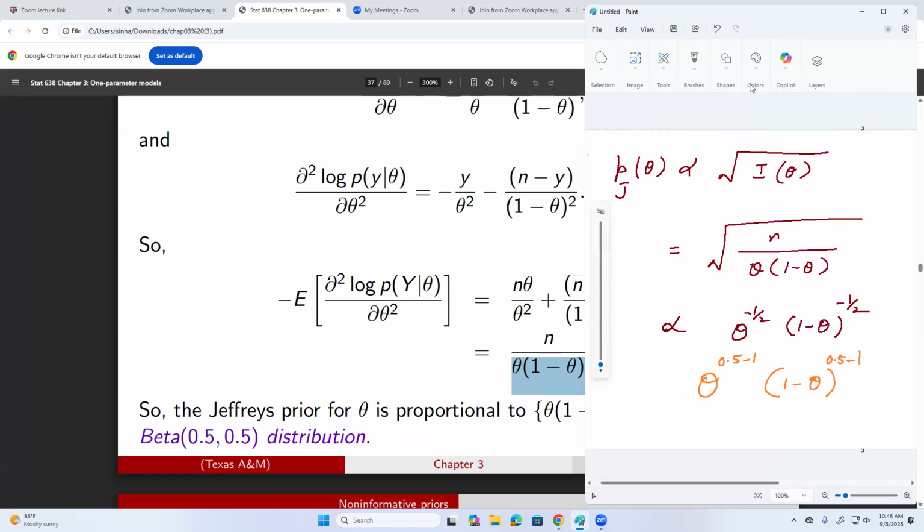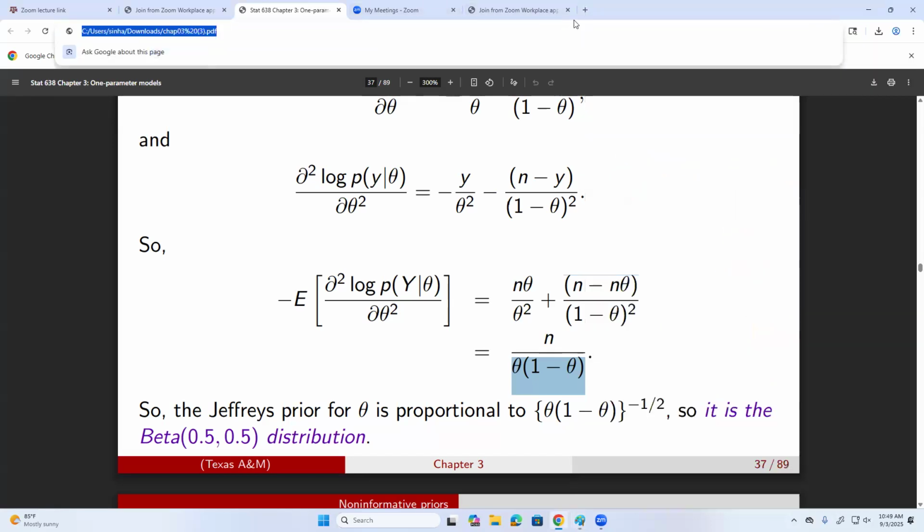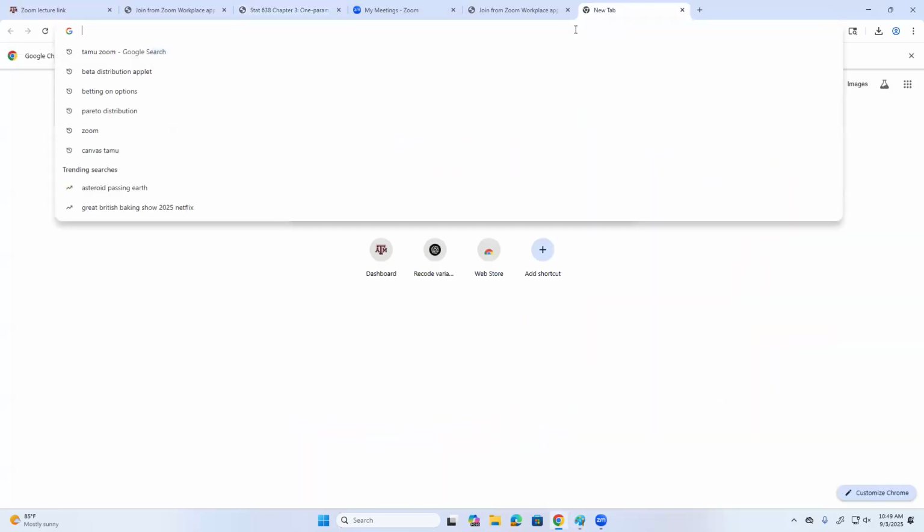So it is beta half and half. So theta follows beta 0.5 and 0.5.